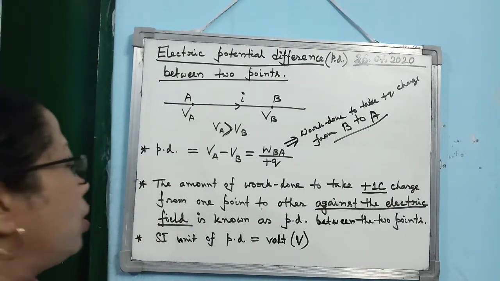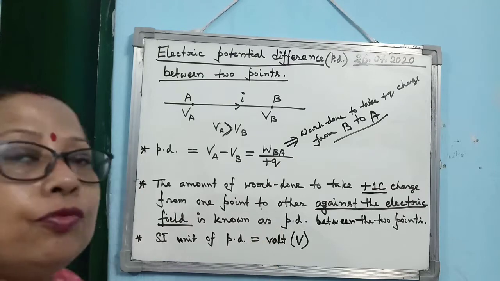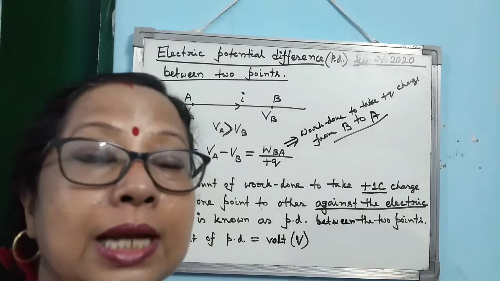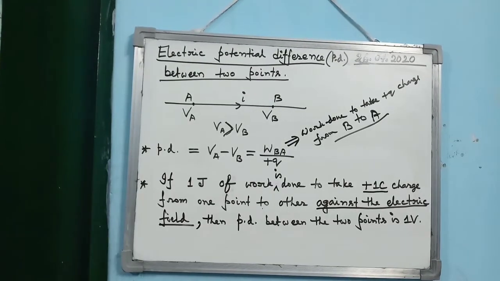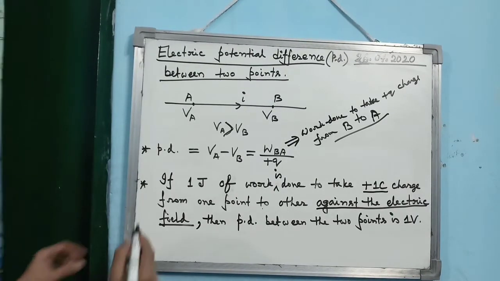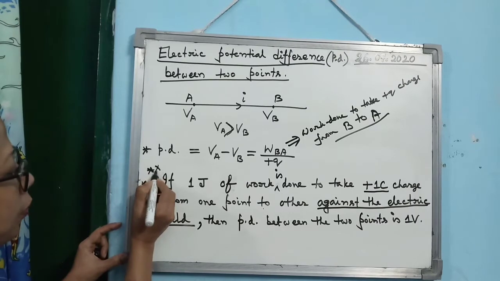Clear? Now, how can you define 1 volt in terms of potential difference? That is also important. What is the definition of 1 volt in terms of potential difference?